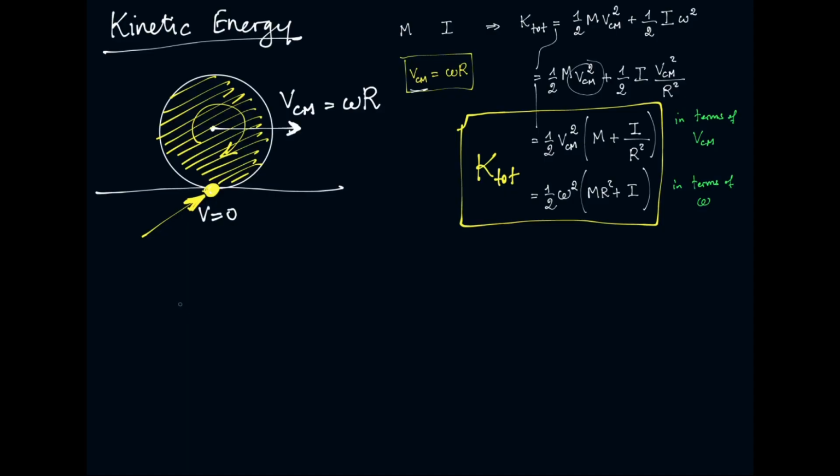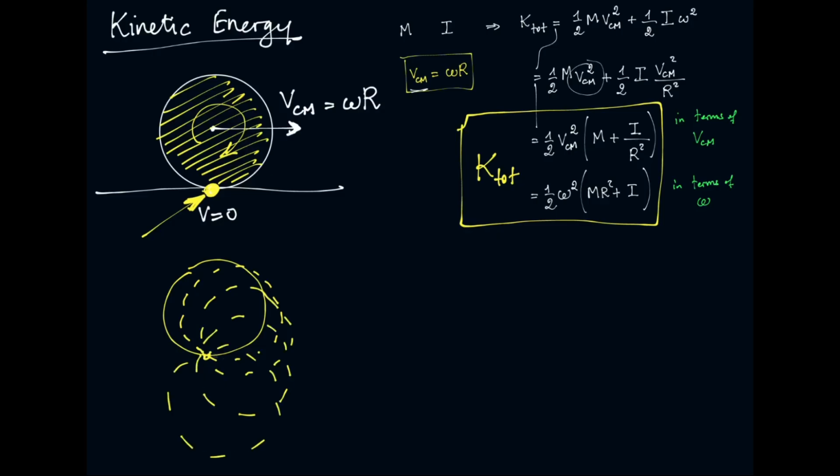See, in a way, locally or momentarily, it's as if this ball or wheel or cylinder, whatever it is, was here, and then in the next instant you could imagine it would be here, and then here, and then here. So turning around, pivoting around this point in the middle.